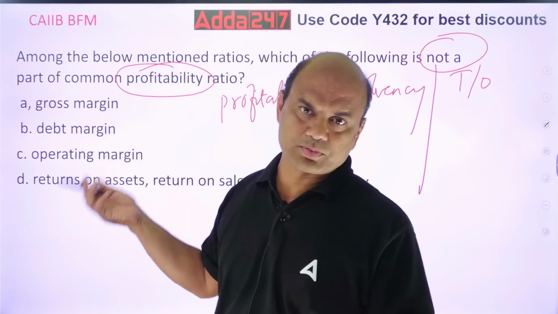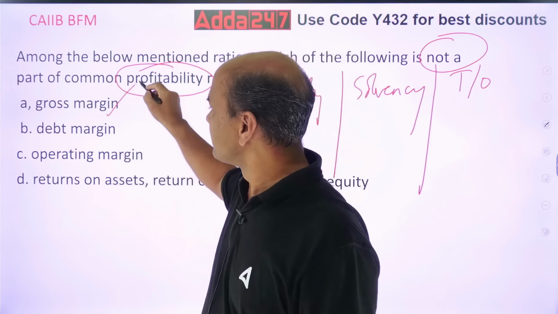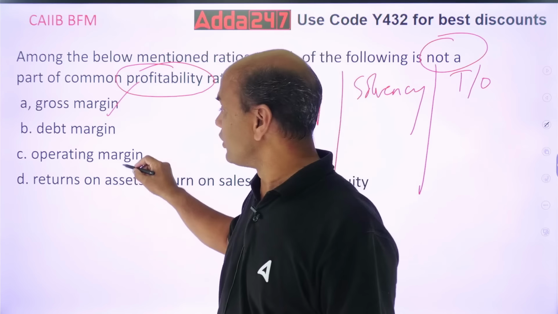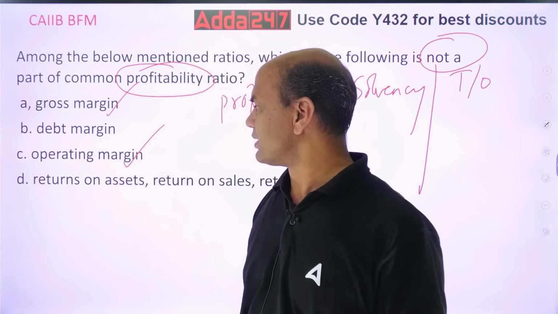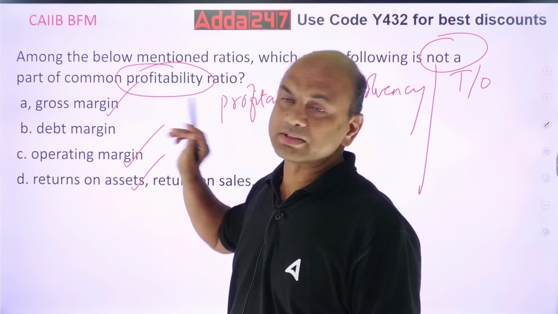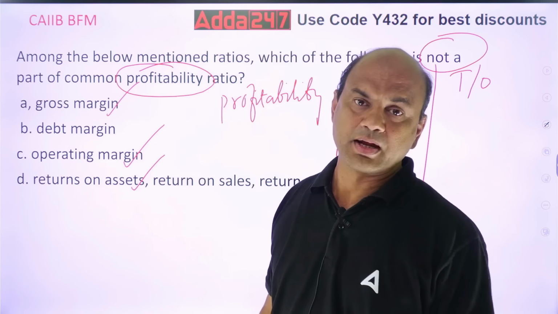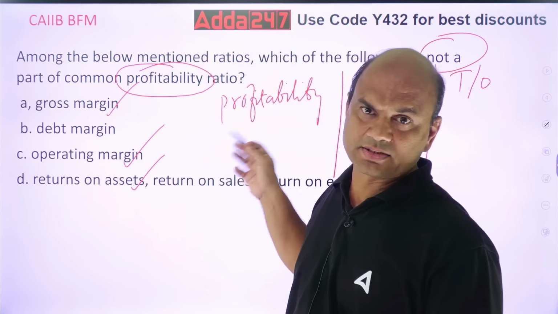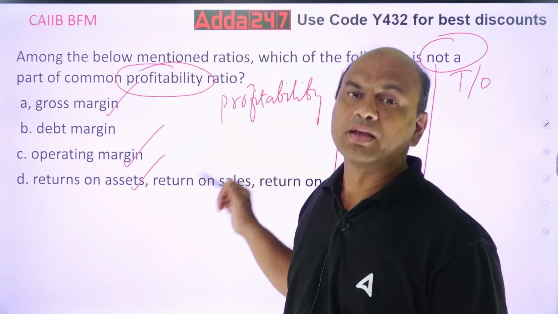Gross margin, the gross profit ratio, it is there. Operating margin, operating profit, it is there. Overall profitability means operating. Return on assets, again it is there. Debt margin is different. Debt margin is not the right answer. It's not part of these ratios.